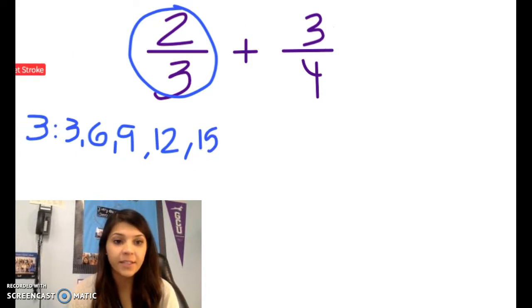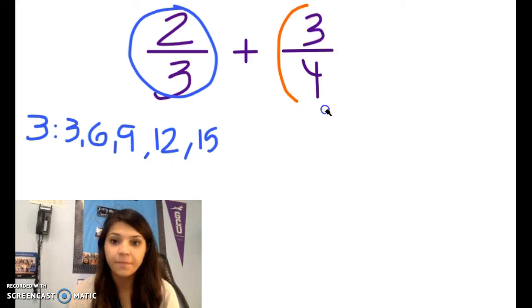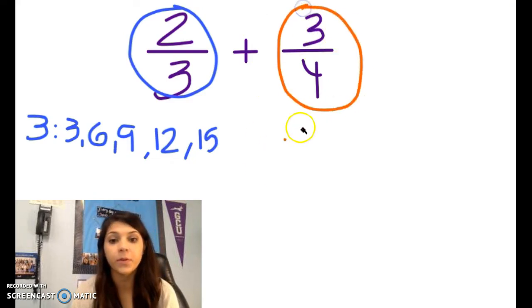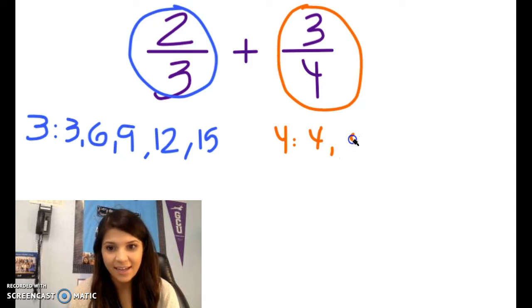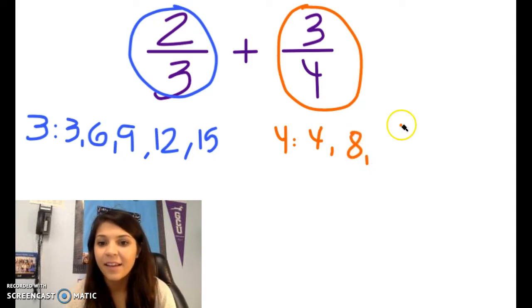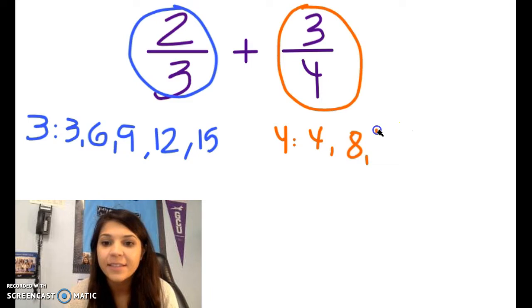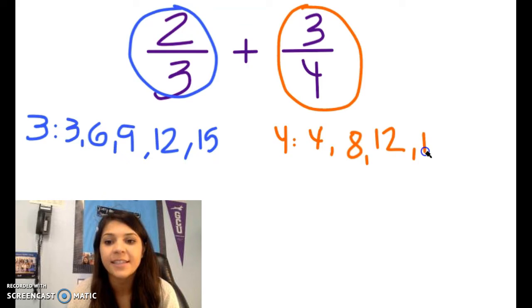And then when I come over to this next side, I have 3/4, okay? So I'm going to write out my multiples for our denominator 4. So I have 4 times 1 is 4, 4 times 2 is 8, 4 times 3 is 12, and then 4 times 4 is 16.